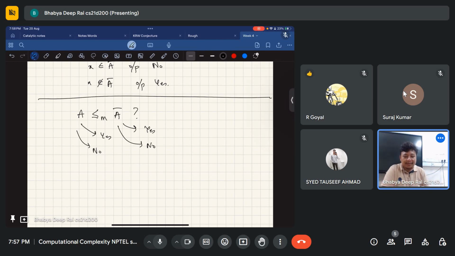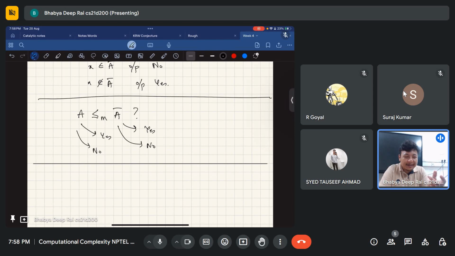So this is the idea of reduction. Reduction is a tool that helps us separate two classes. For a Turing reduction, NP and CoNP are nothing but the same thing. A Turing reduction cannot separate NP and CoNP. It is too strong.